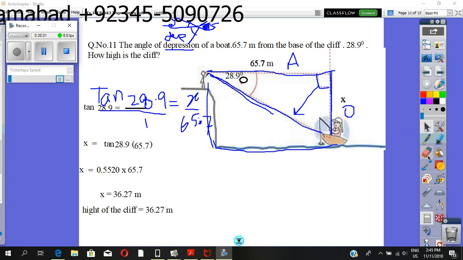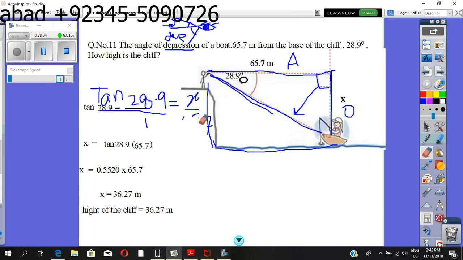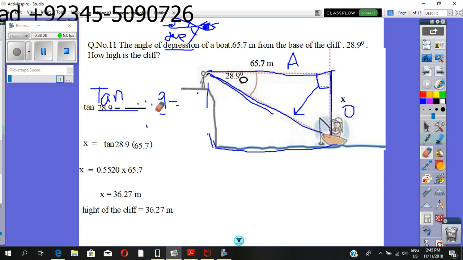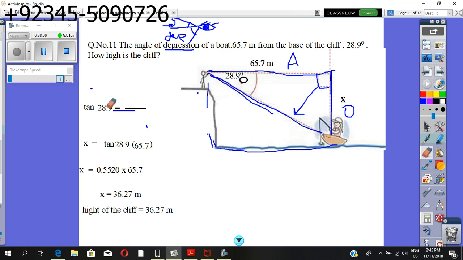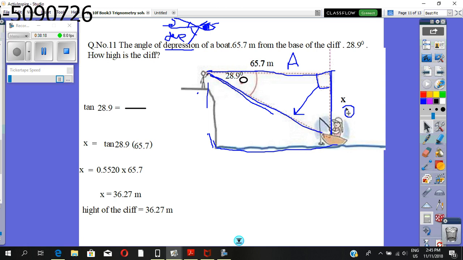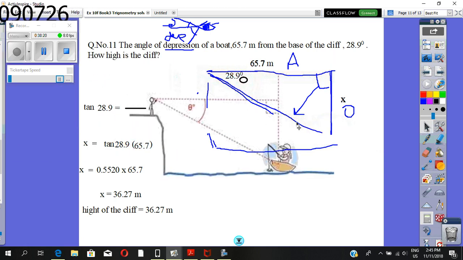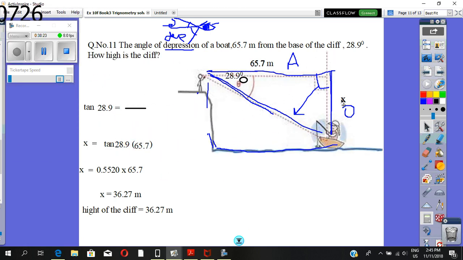If you check this question again, use the sides neatly. We use here 28.9, and we have opposite here, that is x, over 65.7.